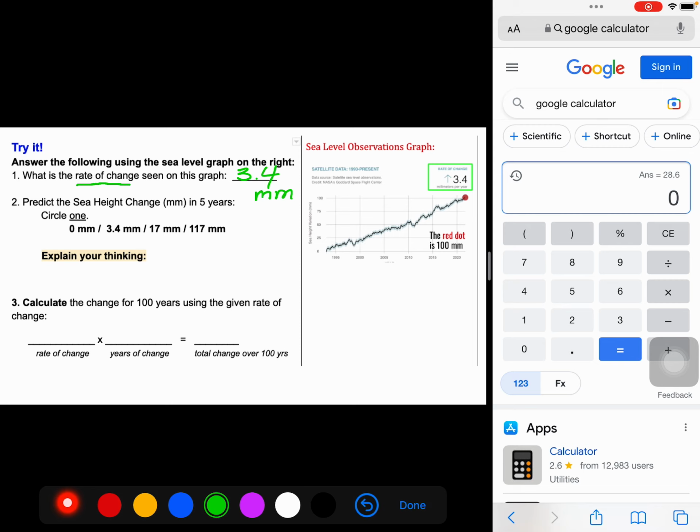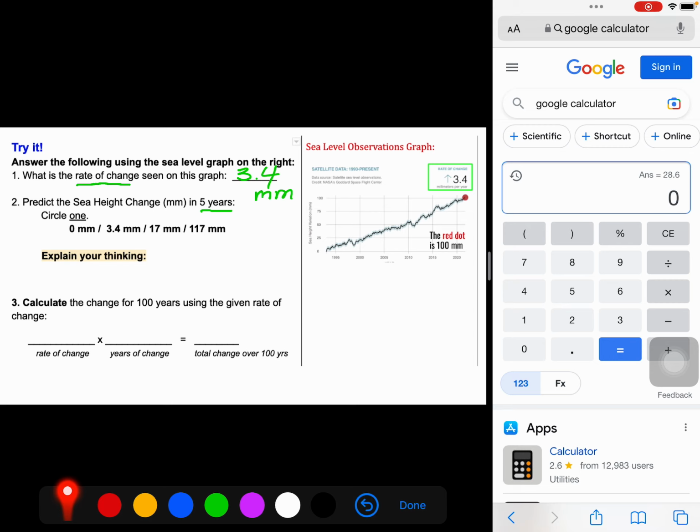How can I use that number, 3.4 millimeters per year, to predict what the change might be in a 5-year time span? Remember, this number, 3.4, is telling us every year sea level is going up by that much.